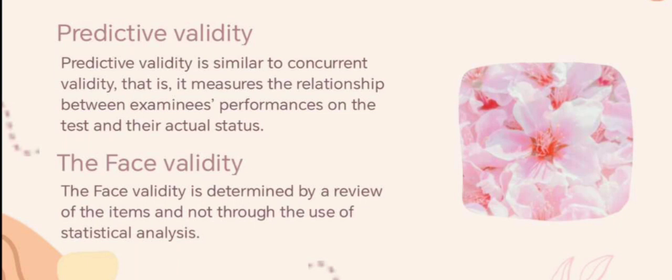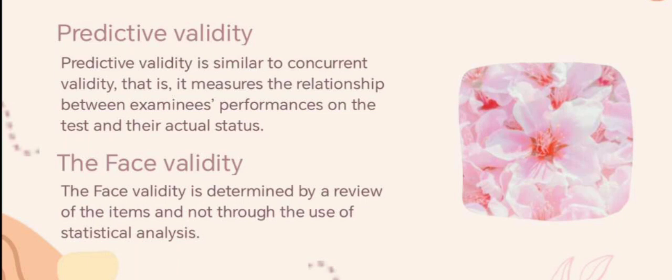For example, if a test is given to students to predict how well they will do in college, researchers would look at how well students' scores on the test match up with the actual college performance later on. It's like testing if the score on the test can accurately forecast or predict what someone's future performance will be like.